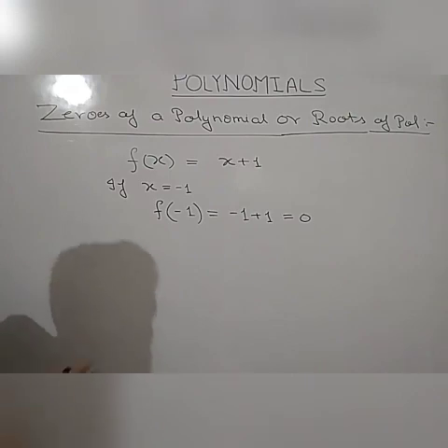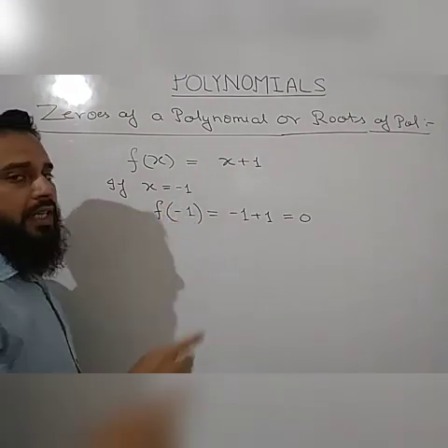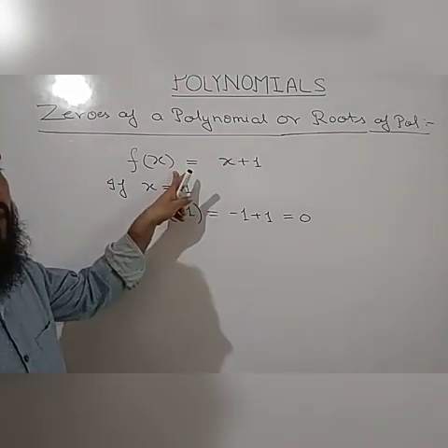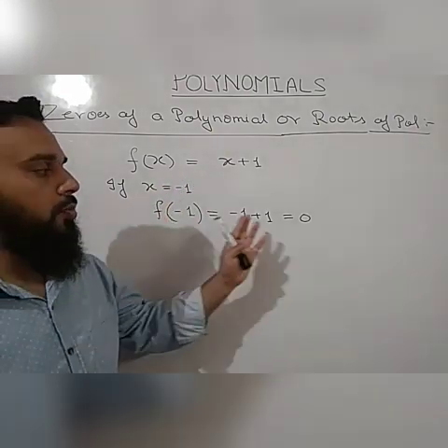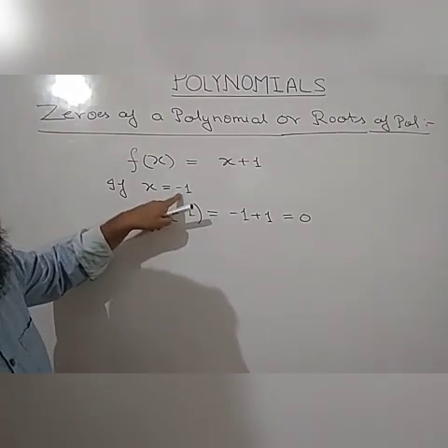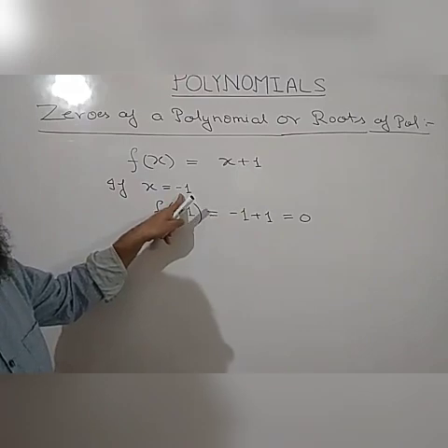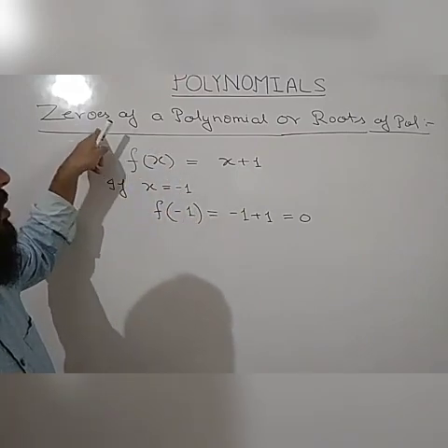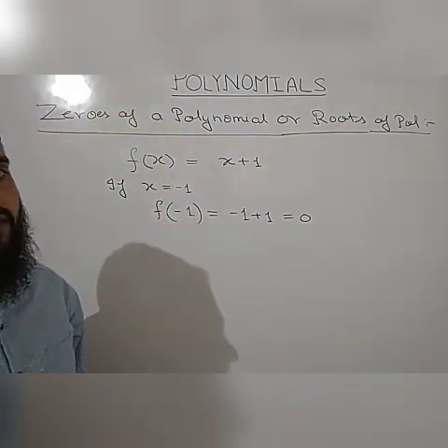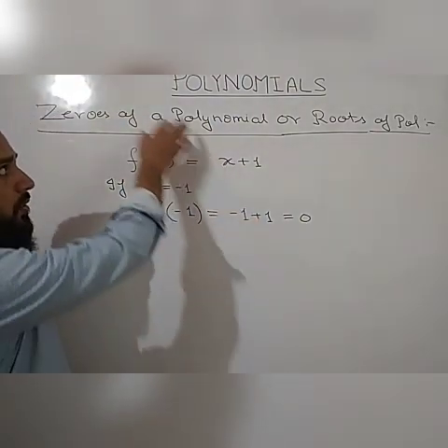Okay. So, whenever by putting the value of a variable in the given polynomial, the value of the whole polynomial comes out to be 0, then that particular value of the variable is known as zero of the polynomial or root of the polynomial. Understood? What is the zero of a polynomial?